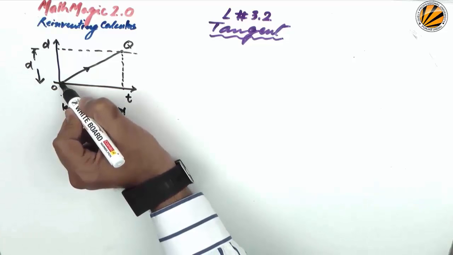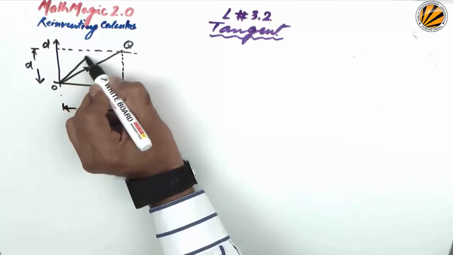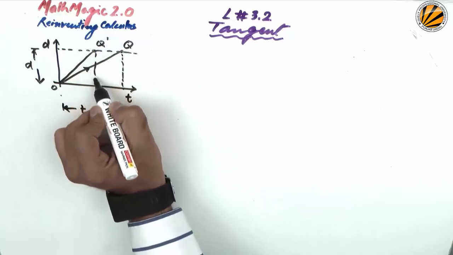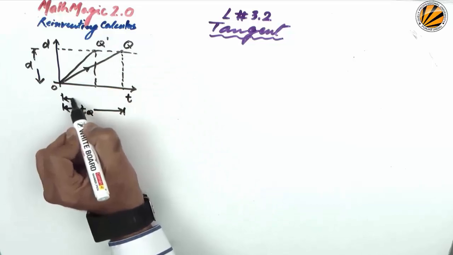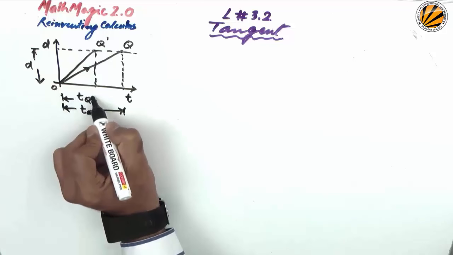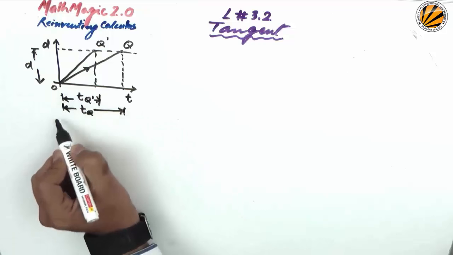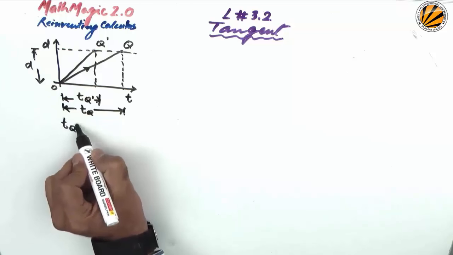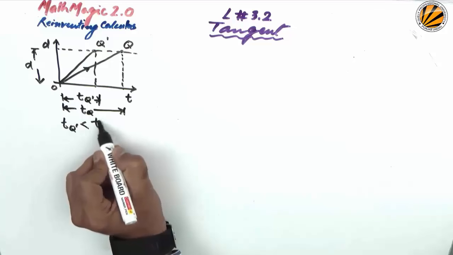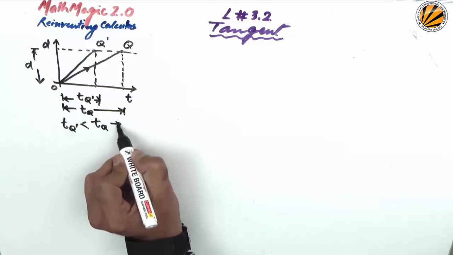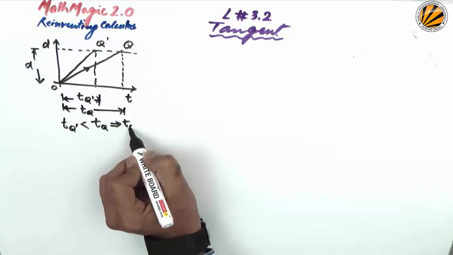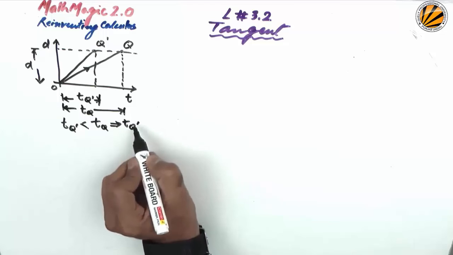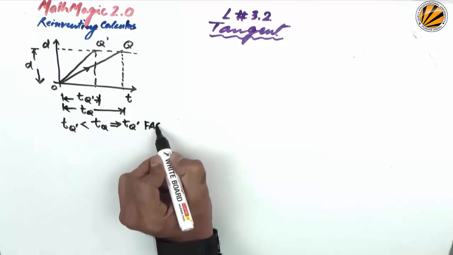Then somebody walked or ran faster. He reached the point Q prime. The time taken to travel the same distance was TQ prime, and this is shorter, meaning TQ prime is smaller than TQ. This implies that when reaching Q prime, he was faster.